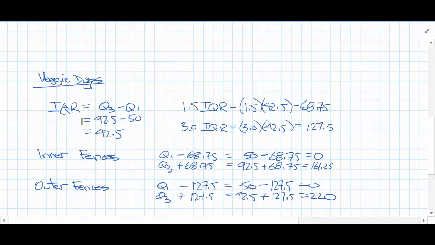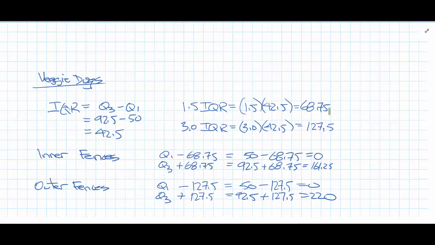The interquartile range is the difference between Q3 and Q1, which is 42.5. You multiply 42.5 by 1.5, and you get 68.75. So for your inner fences, that's what you're adding or subtracting to your quartiles.